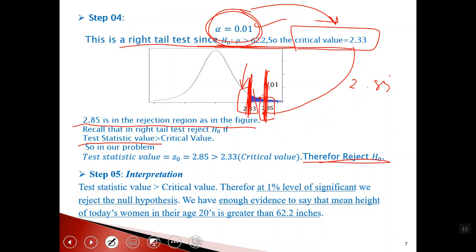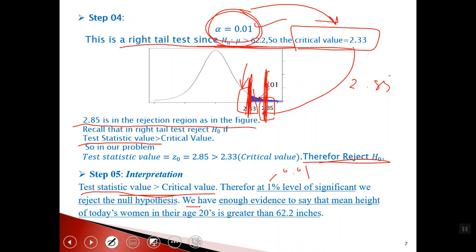Last step, interpretation. Since your test statistic value is greater than your critical value, you can say, therefore, at the 1% level of significance, or you can say the 0.01 level of significance, we reject our H naught, or we reject our null hypothesis.